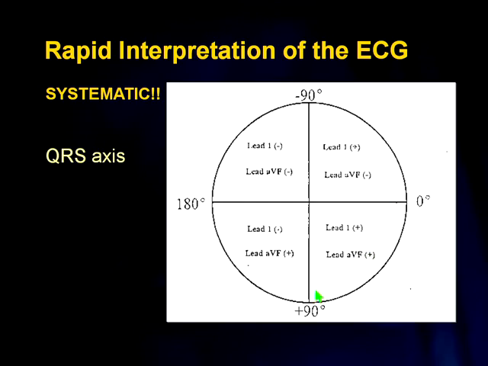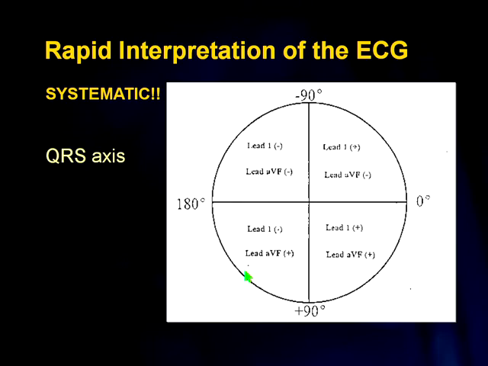That means the electrical activity of the QRS complex is confined to this quadrant mostly. Okay? Sometimes in babies, it'll be a little bit rightward in this quadrant where AVF is still positive, meaning electrical activity is largely going down towards the feet, but a little bit away from standard lead 1, normal in newborns and young infants.